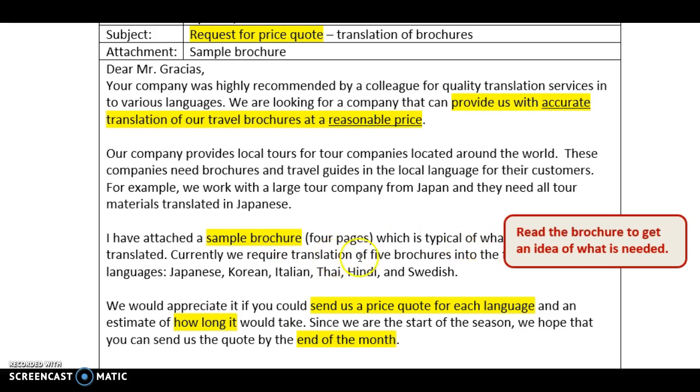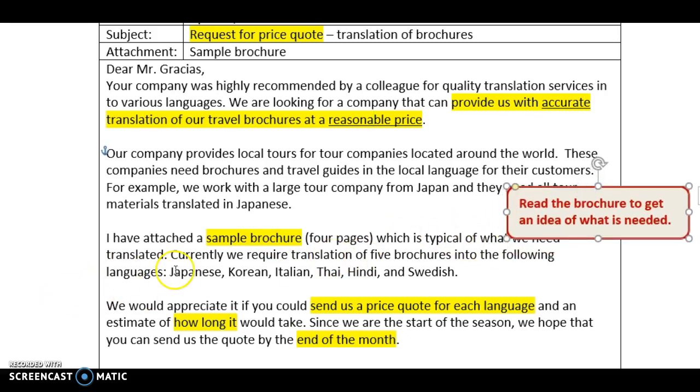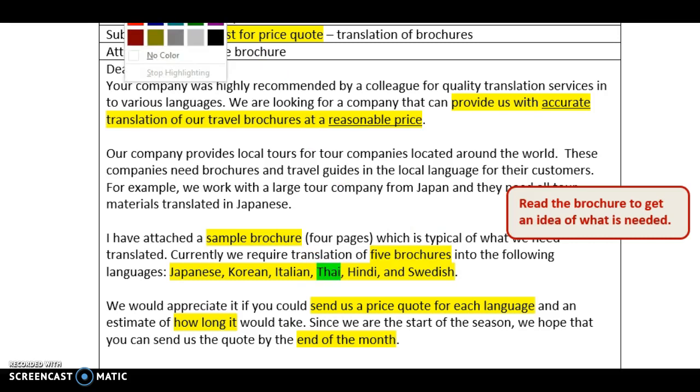And we see he wants a translation into the following languages. 5 brochures, this is what I would do, into Japanese, Korean, and Swedish. And right away I said, I don't have anyone for Thai, so I'm going to have to make that in a different color and relate to that.